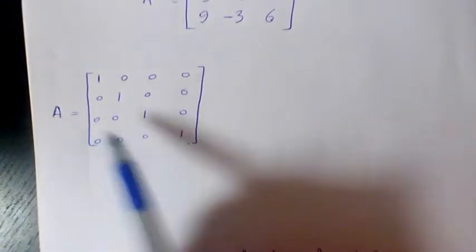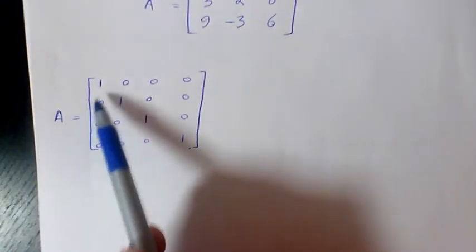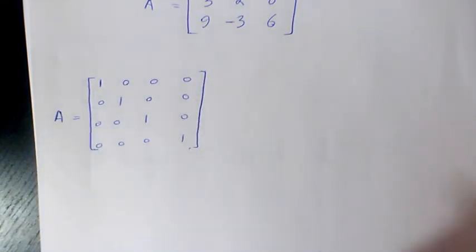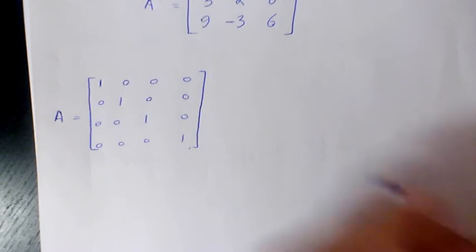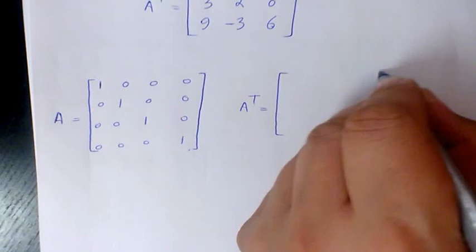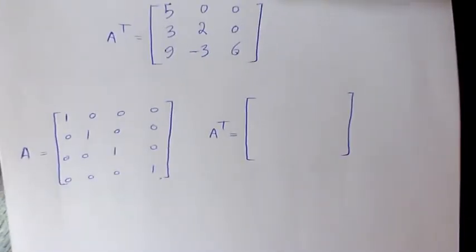Next one, we have a matrix in which the diagonal entries are 1 and all other elements are 0. This is called the identity matrix. And since it's a 4 by 4 matrix, we call it I4. Now let's find the transpose of it. Since it's 4 by 4, the transpose of it is going to be 4 by 4 as well.